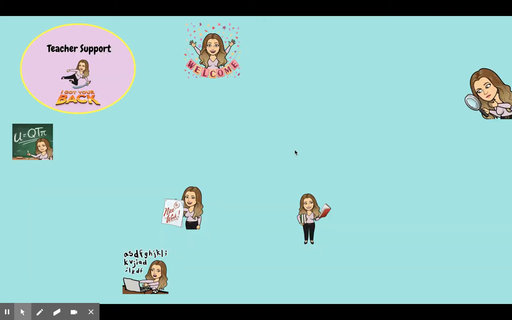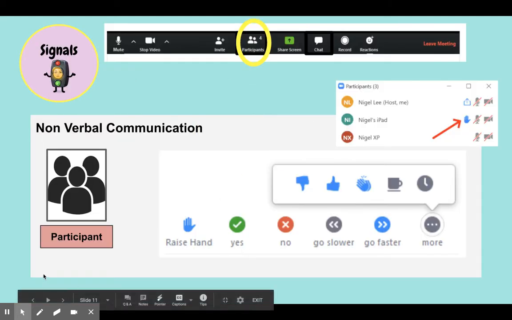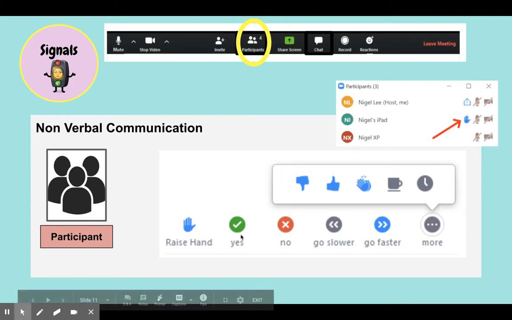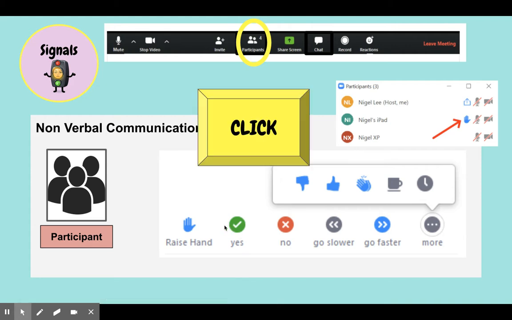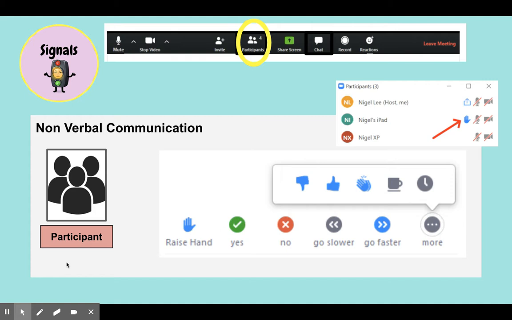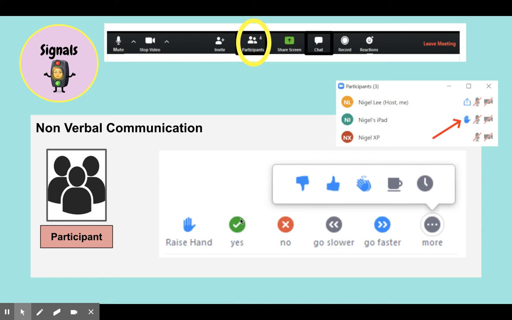There are other tools. Excuse me, let me go back. You're going to notice that there's also a yes button. So instead of a thumbs up, nodding head, or typing, students can just click yes.